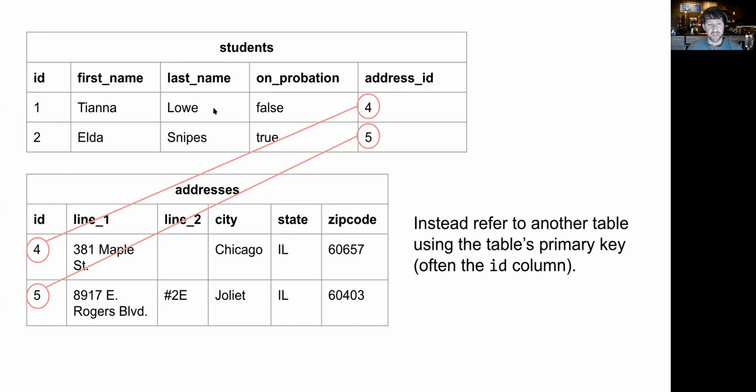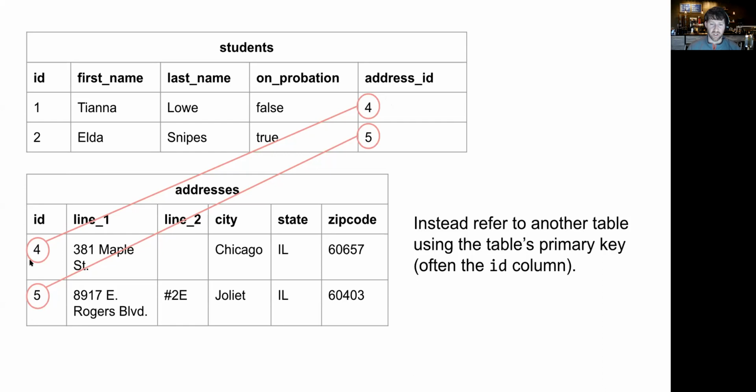So Tiana, first name, last name, false, we have an address ID. We can do a query that also brings in the address table to look for where address ID equals 4. And there we go. We're able to get Tiana's address through the students table and the addresses table.